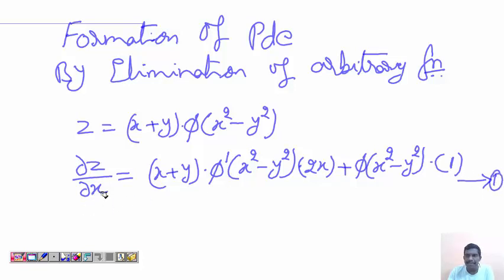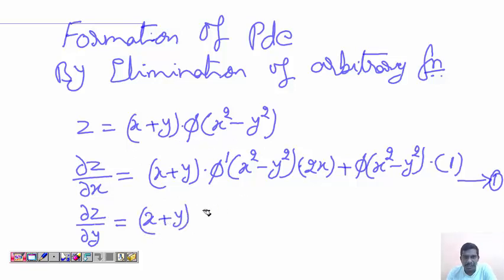The same way we're going to differentiate with respect to y. It's dou z by dou y, which is equal to, the same way here also it is a product of the two functions. It's x plus y, we keep it as it is.